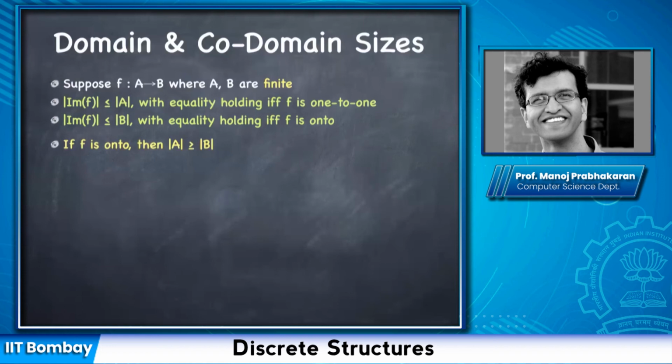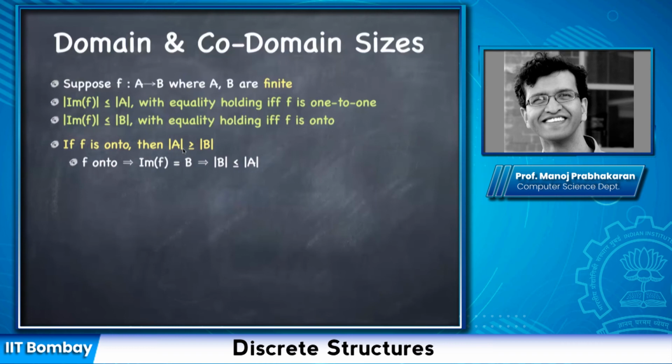Okay, so here's a couple of consequences of this simple observation. If f is onto, then the size of the image of f is equal to the size of B. So this just says the size of B is less than or equal to the size of A. In other words, the domain is at least as large as the codomain.